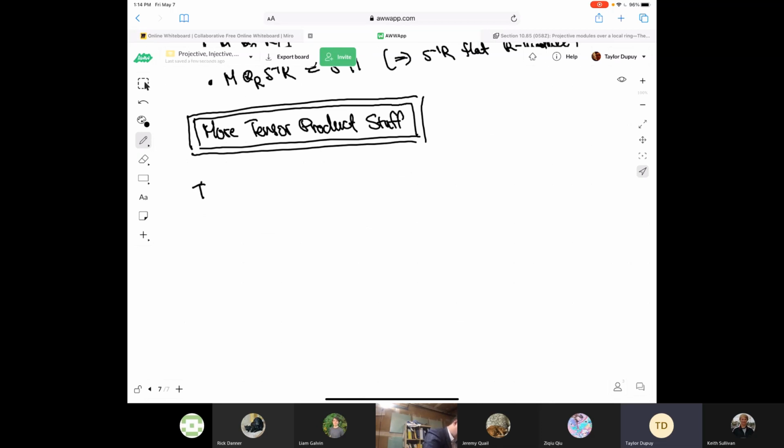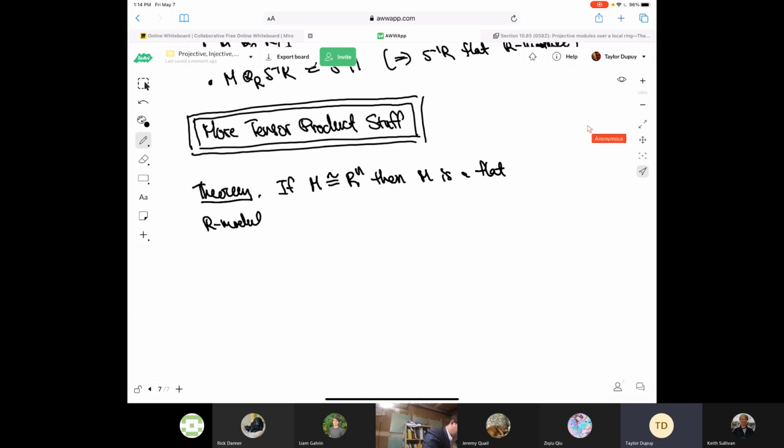Theorem, lemma, whatever, theorem. Finitely generated free modules are flat. Then M is a flat R module.